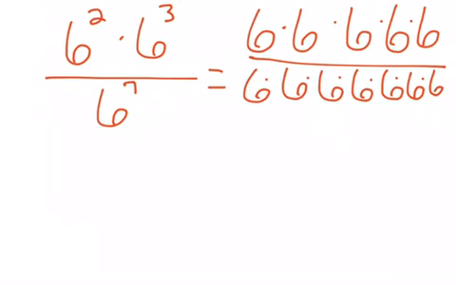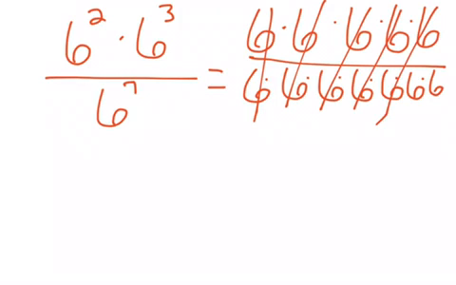So one way we can evaluate this problem is by canceling out like factors. So these 6's and that set of 6's and this one and this one and this one all cancel out. Well, the top of this fraction seems to not have anything left on it.